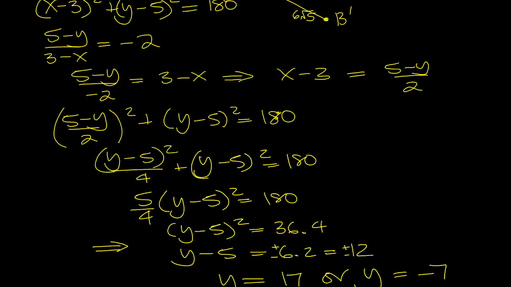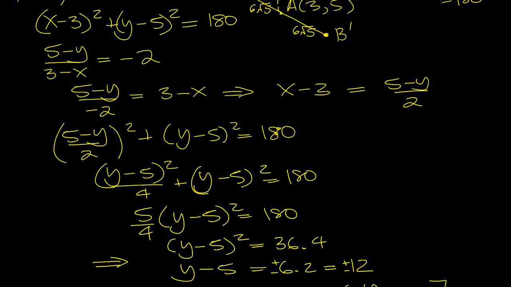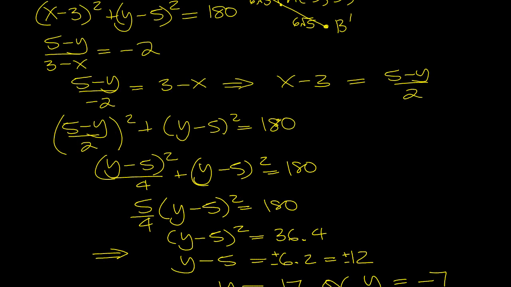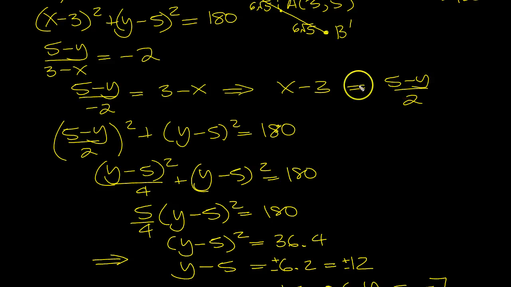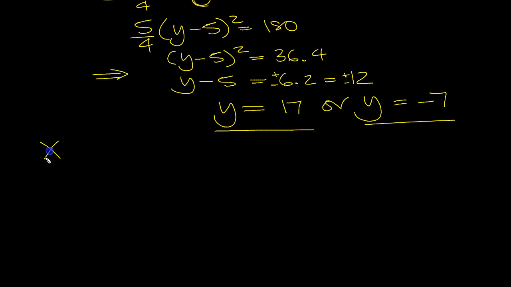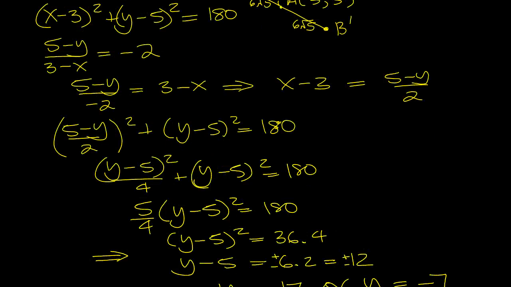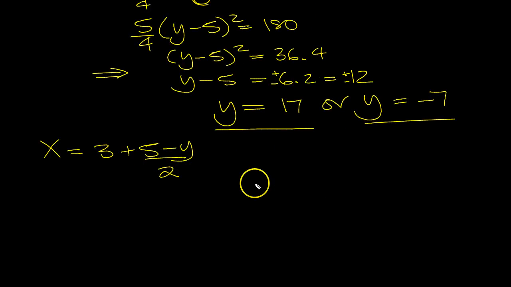So what does x equal? Well, we've got it here, haven't we? X will equal 3, move the 3 over. X is equal to 3 plus 5 minus y over 2, wasn't it? 3 plus 5 minus y over 2, yeah, that's right.